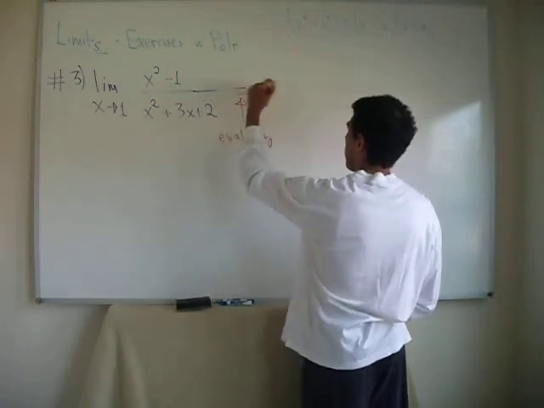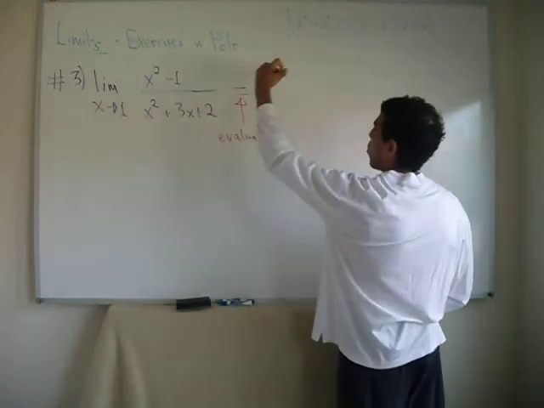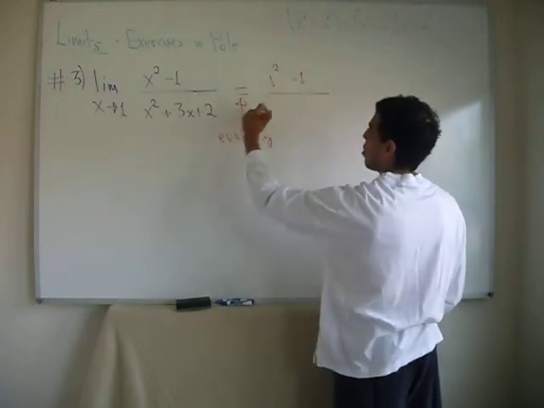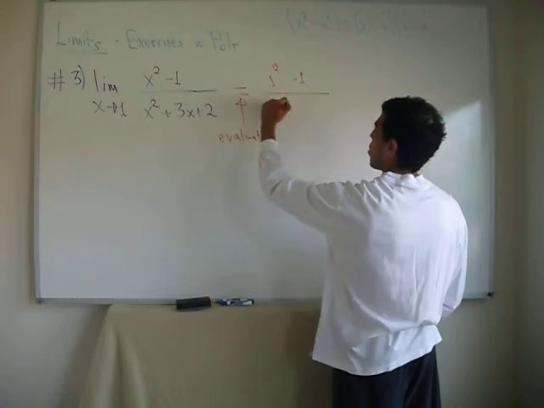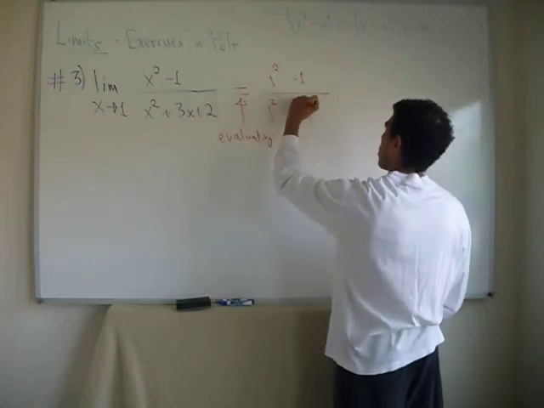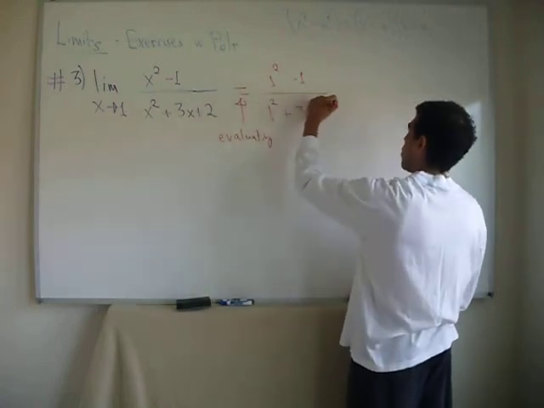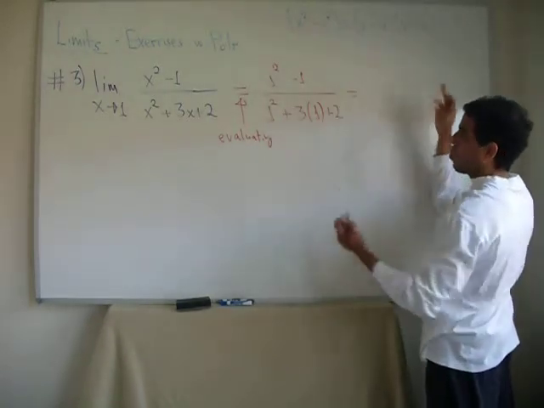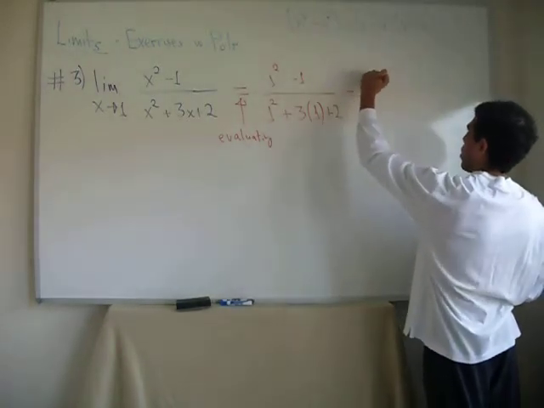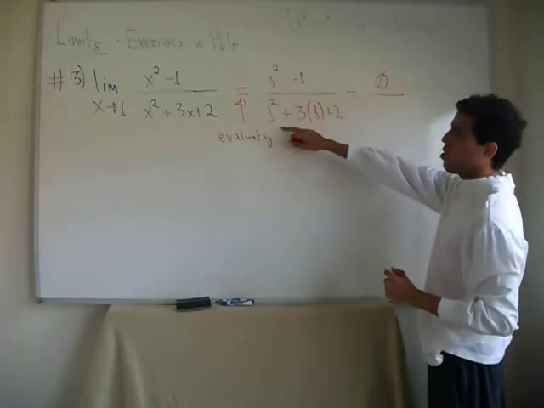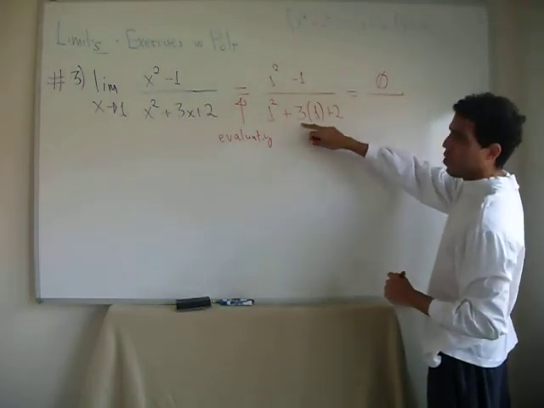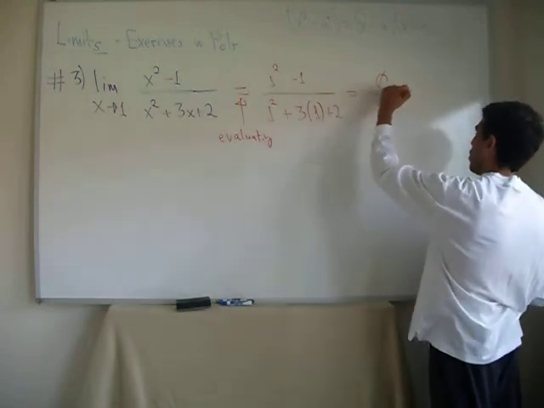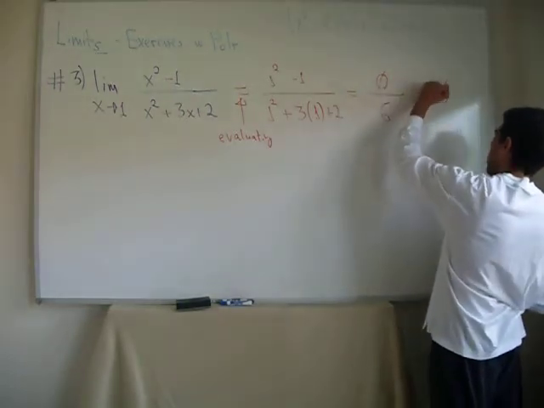Evaluating means that on top I'm going to have 1 squared minus 1, and on the bottom 1 squared plus 3 times 1 plus 2. This equals 1 squared is 1, and 1 minus 1 is 0, over 1 squared is 1, 3 times 1 is 3, plus 2. 1 plus 2 plus 3 is 6, and 0 over 6 is 0.